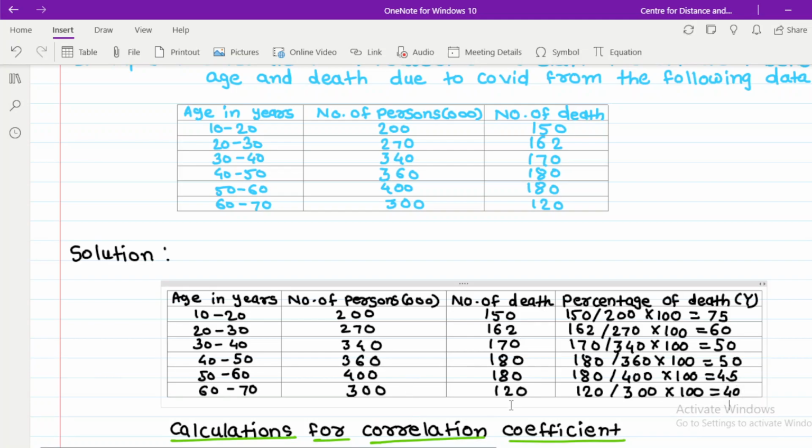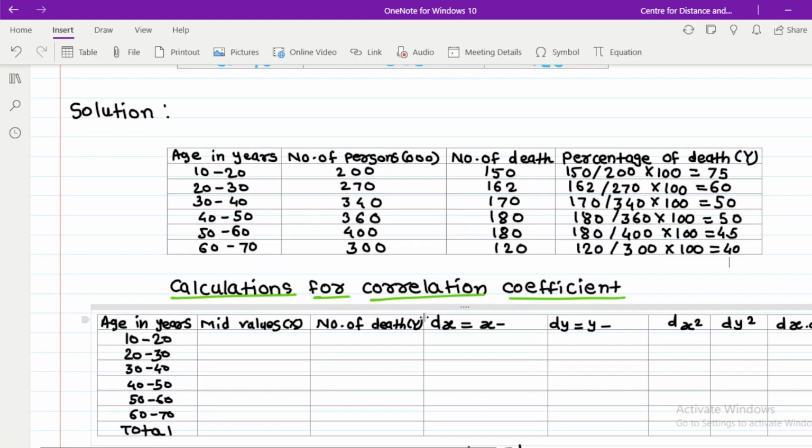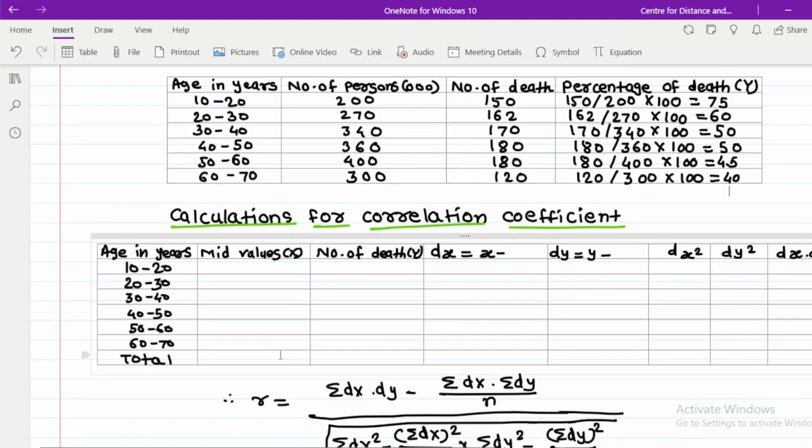Then we have to calculate the correlation coefficient. So again we have to construct a table. Here I am writing age in years, that is 10 to 20 up to 60 to 70. Then we have to find the mid values, that is x.